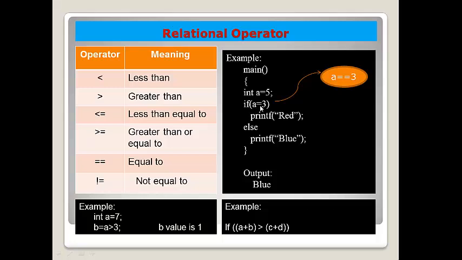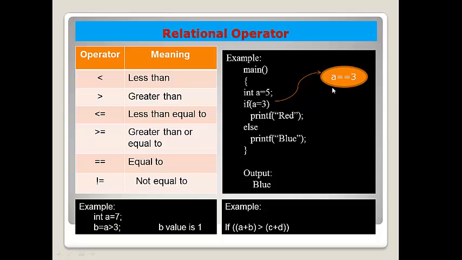But in C language, non-zero values are true, and only zero is false. So in a equal to 3, the value 3 is assigned to a, the 3 is treated as true, so it displays red. If we put a double equal, 5 is compared with 3.